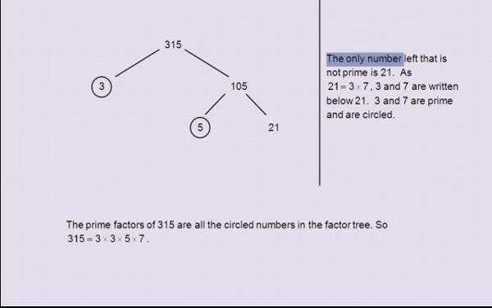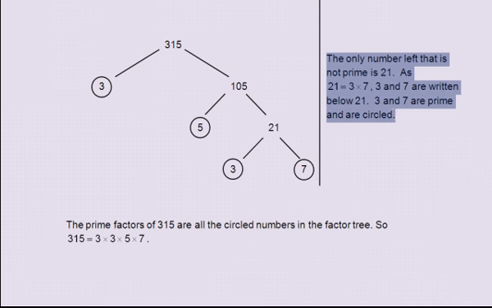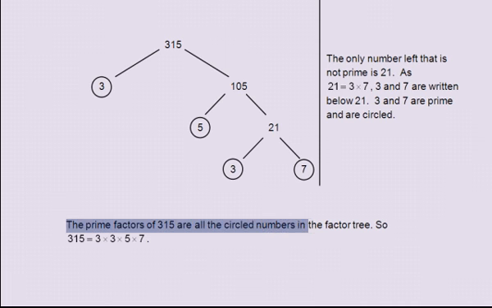The only number left that is not prime is 21, as 21 equals 3 multiplied by 7. 3 and 7 are written below 21. 3 and 7 are prime and are circled. The prime factors of 315 are all the circled numbers in the factor tree. So 315 equals 3 multiplied by 3 multiplied by 5 multiplied by 7.